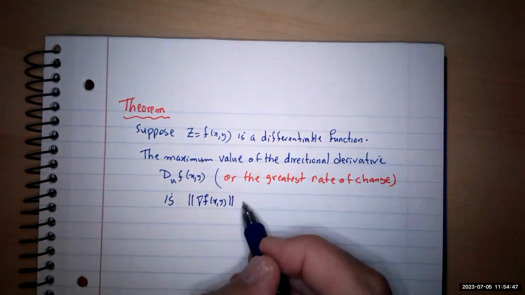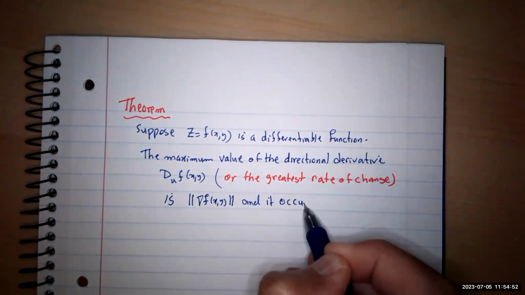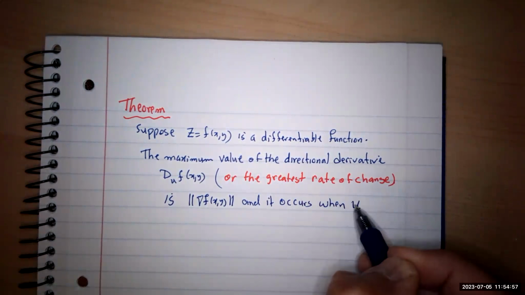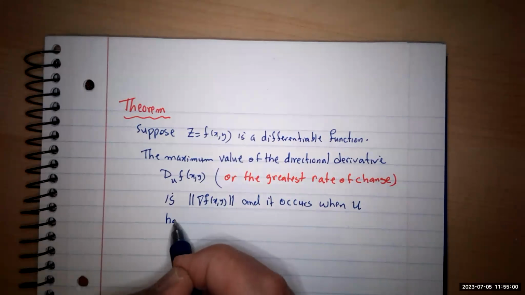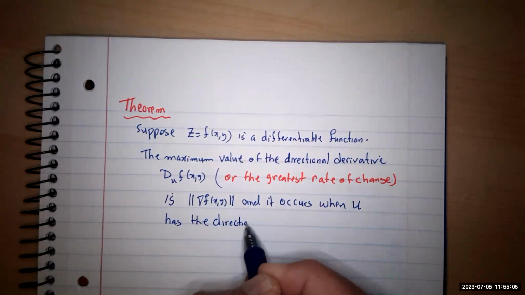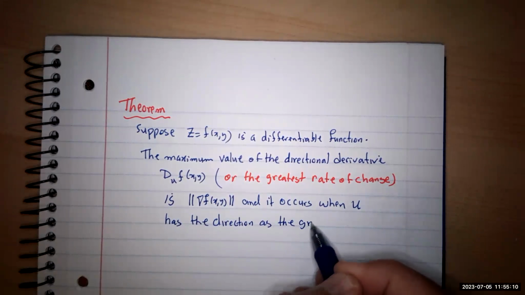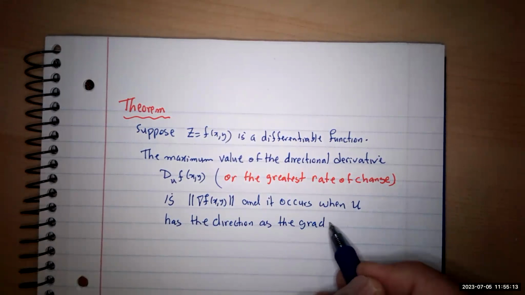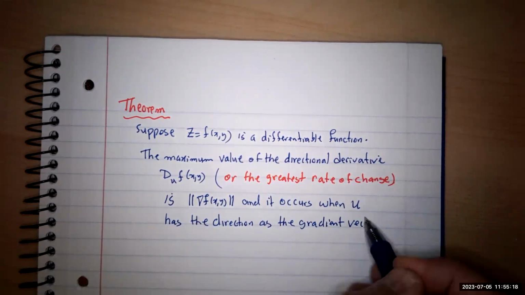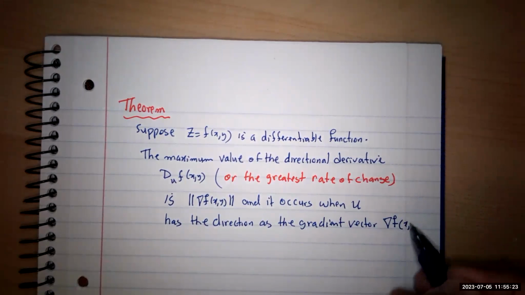And where are we going to get it? It occurs when u has the direction of the gradient, which means they are parallel: the vector gradient of f at x y.